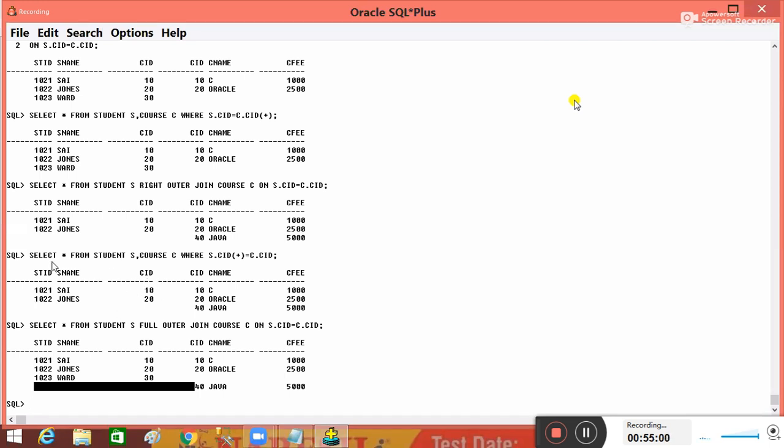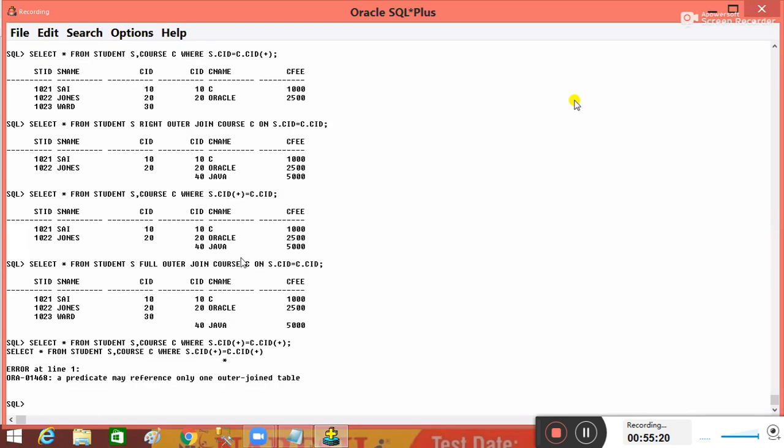So I'm giving plus on both sides, you can see: c.cid, and here also I'm giving plus. This is what people are expecting. Now let's see what happens. It shows an error. What it says is: predicate may reference only one outer-joined table.